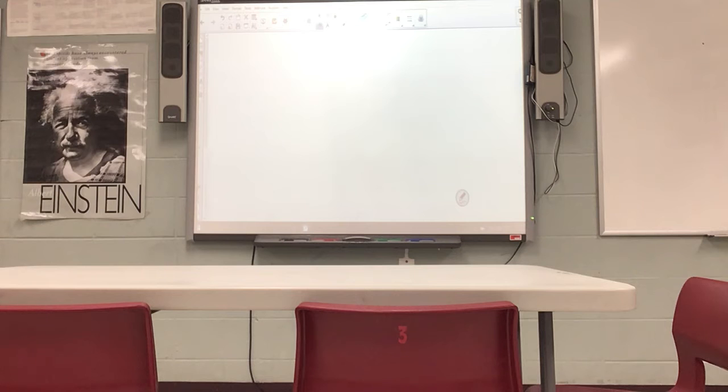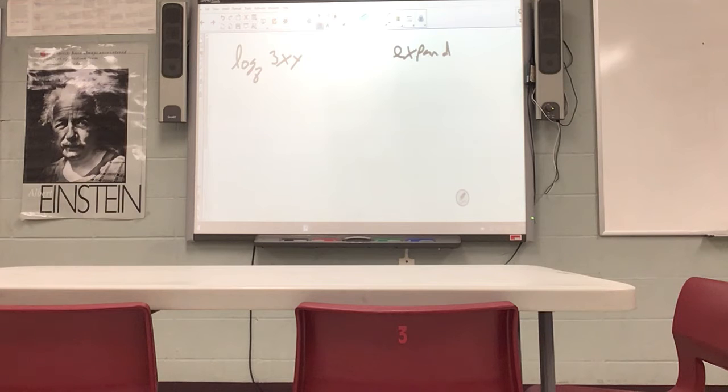Okay, then the next unit after that was our properties of logs, where we expanded and condensed. So here I've got log base 8 of 3xy, and we want to expand that. What we see up there with 3xy means 3 times x times y.